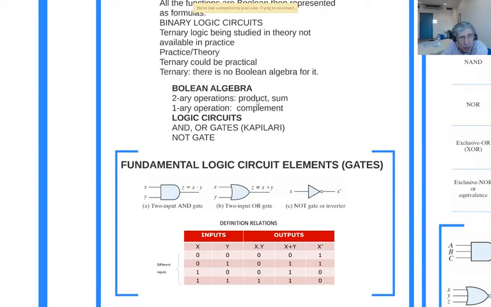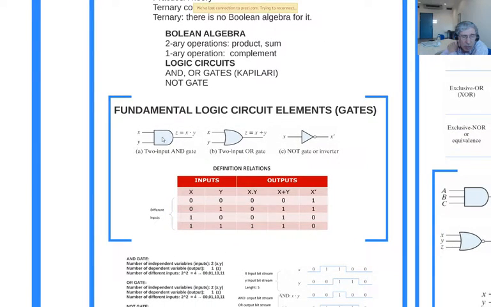These are basic fundamental operations, which correspond to elements in practice. These are AND, OR gates, and NOT gate. AND gate is shown like that, OR gate shown like that, and NOT gate, or the complement, or the inverter, is shown like this. In the definition relation, if the inputs are known, the outputs are known.